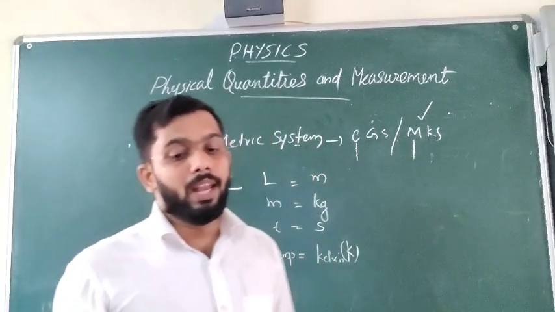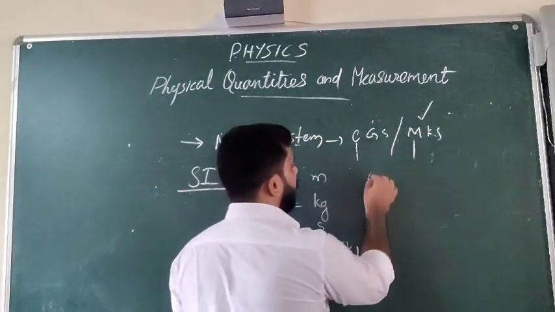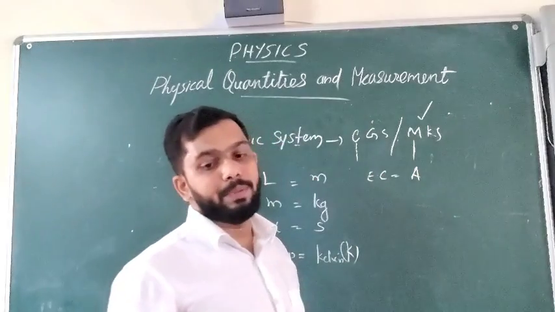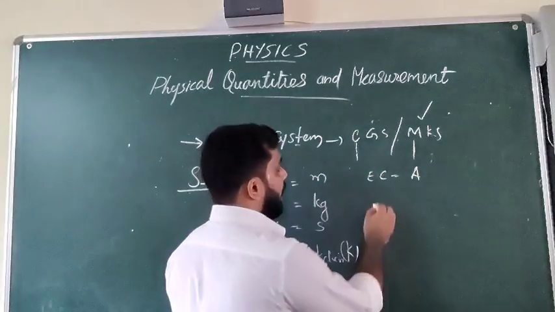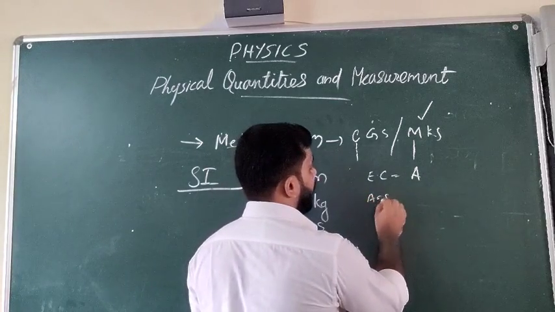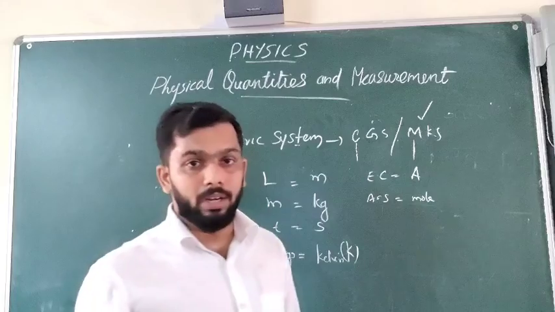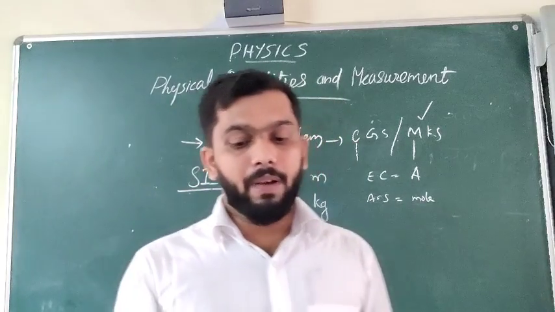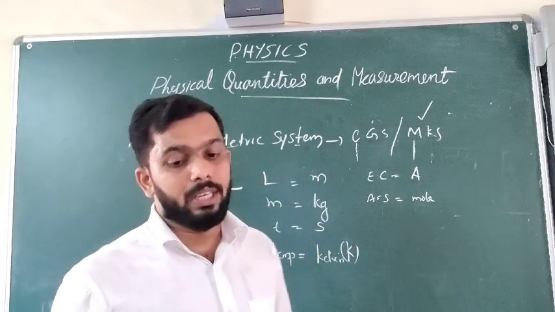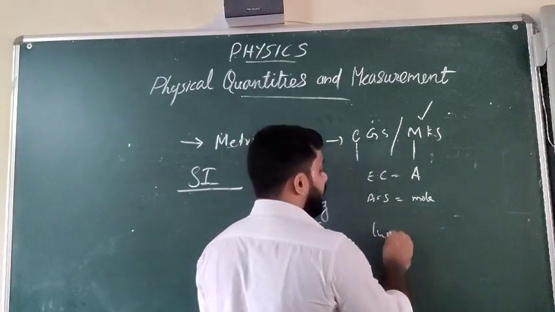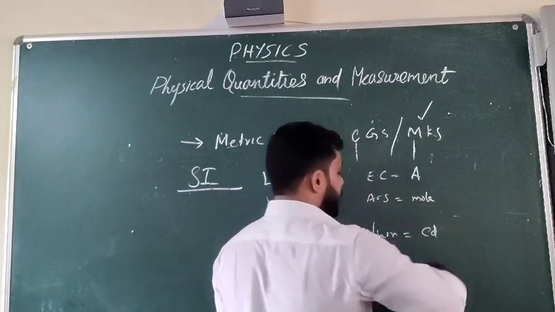Then electric current, for which they have given us the ampere. For the amount of substance they have given us the mole. Maybe in chemistry you will study that one. Finally, luminous intensity they were using as candela, or cd.